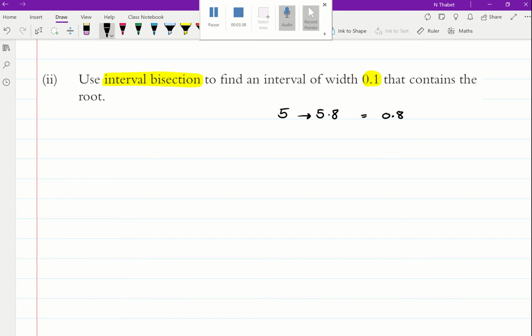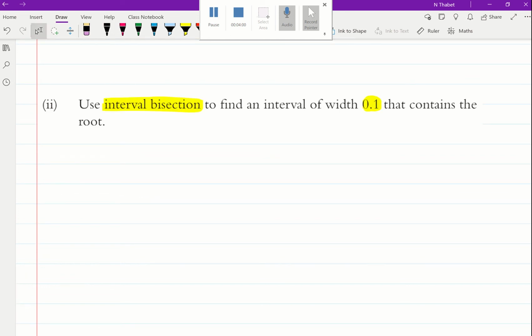They want your interval to have a width of 0.1, so let's say 5 and 5.1, or 5.1 and 5.2. So they're trying to get to a much smaller interval, and they told you what they want. That is the interval width.